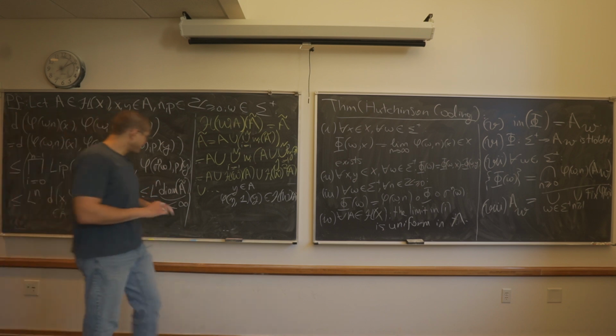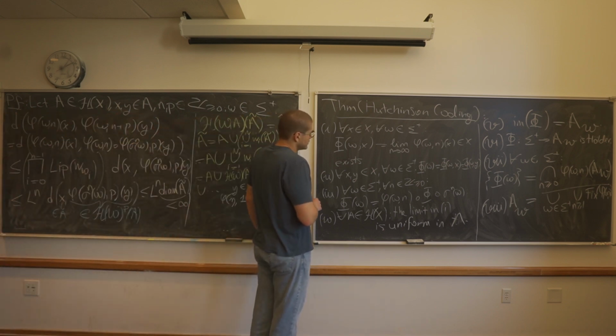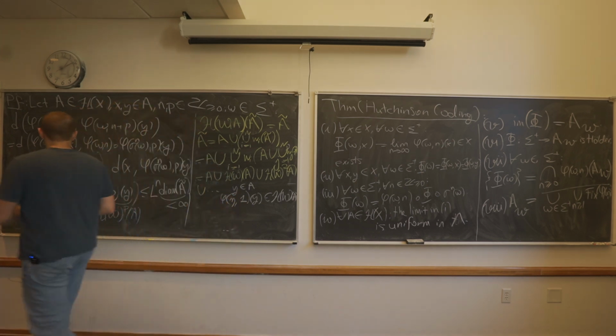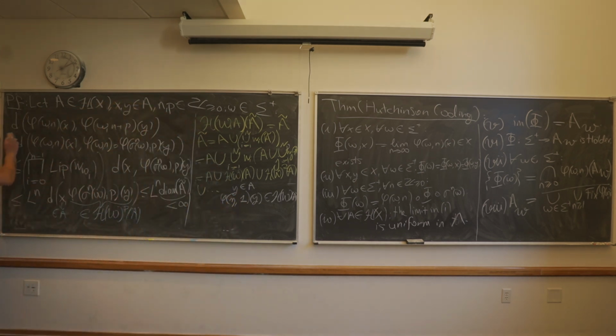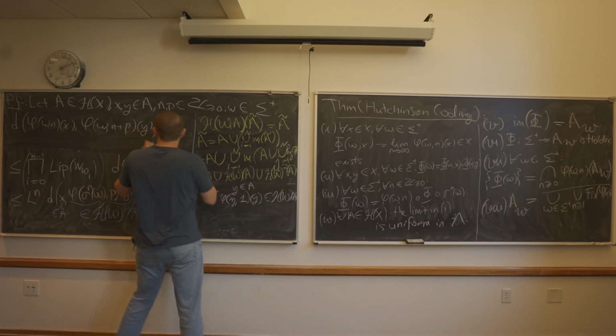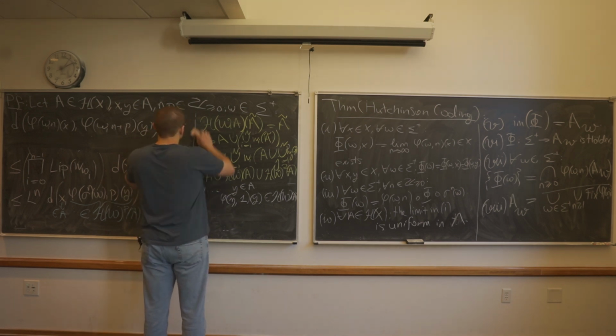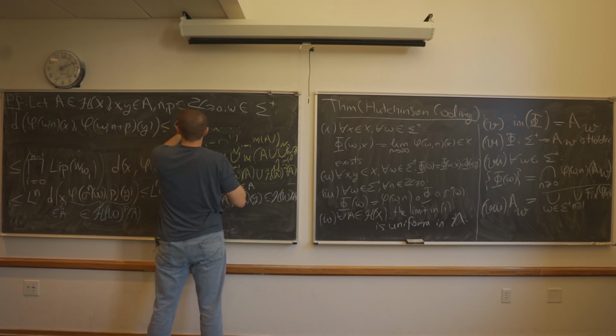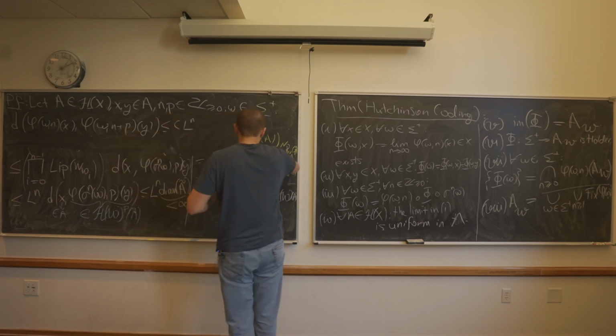Okay, so we have this estimate. That's good. Let me delete most of it. So ultimately we have this. Let's just say C times L to the N, where C is some number.